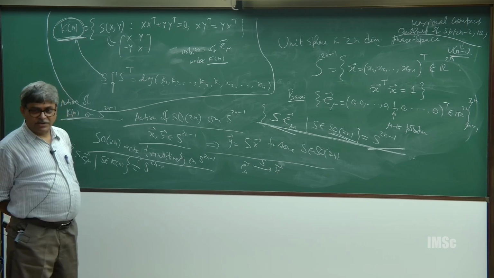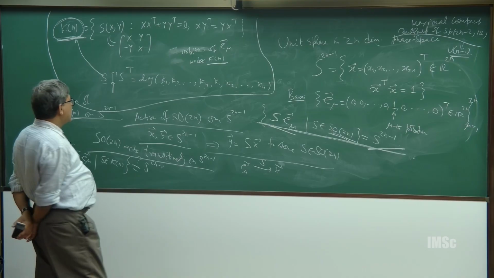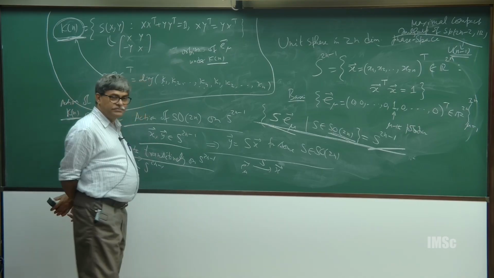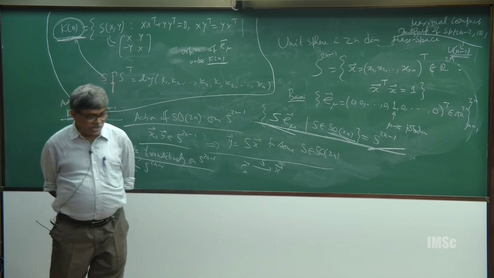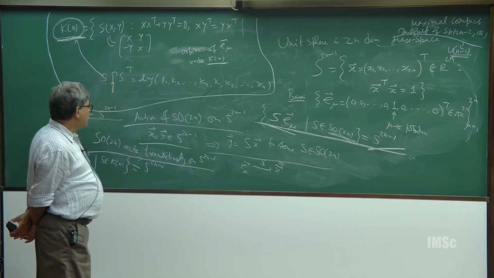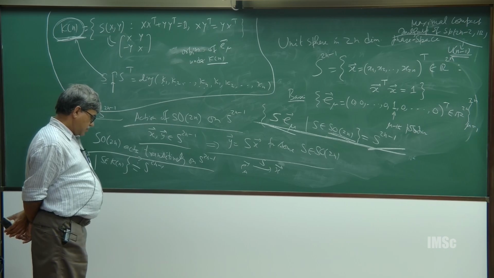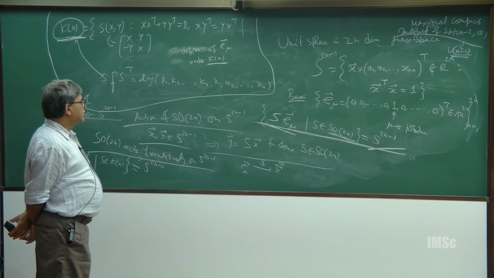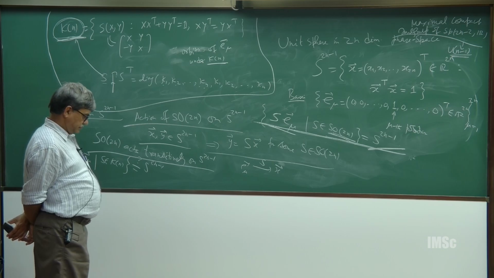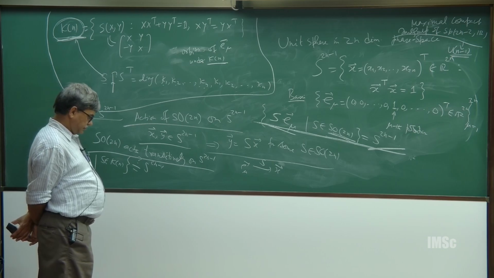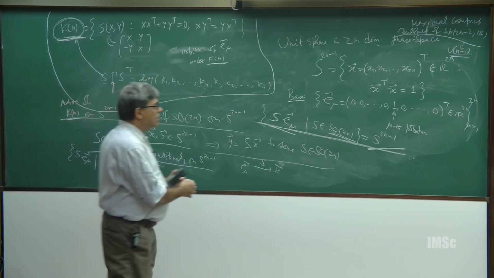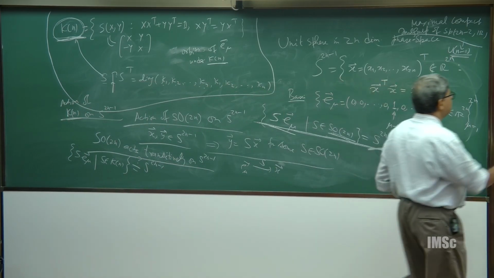So, that is the question, can I do it under Kn also? Okay. So, how do I understand that? Okay, maybe I will have to be a little more explicit. Let me see.